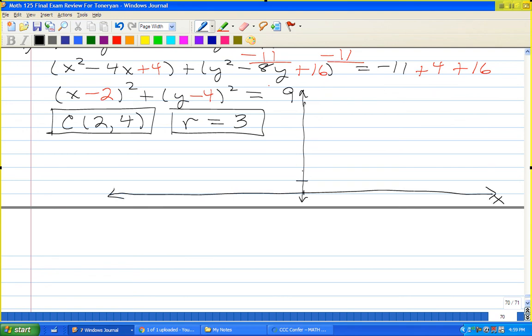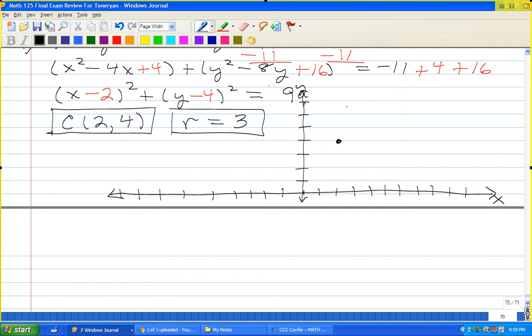And that's y. 1, 2, 3, 4, 5. Okay, so the center is at 2, 4. 1, 2, 3, 4.